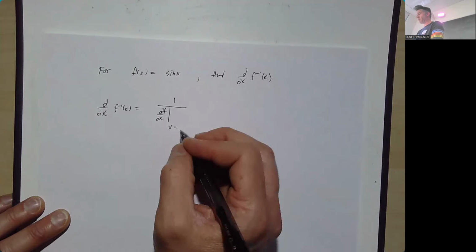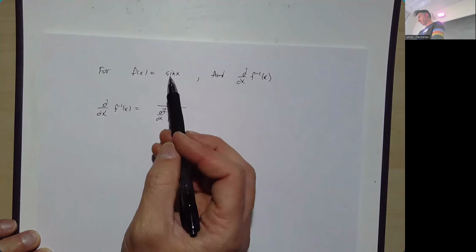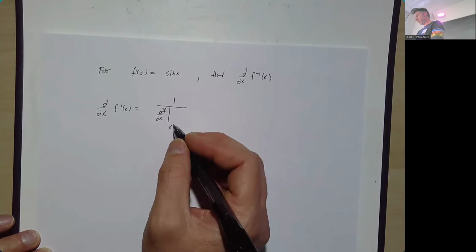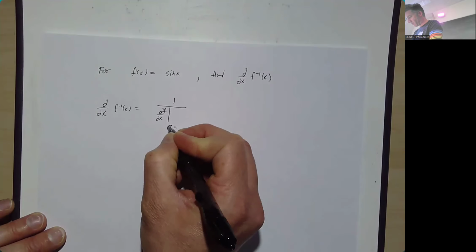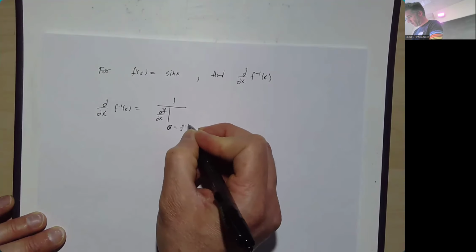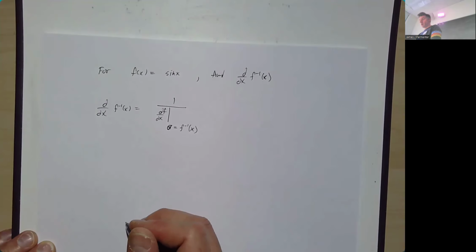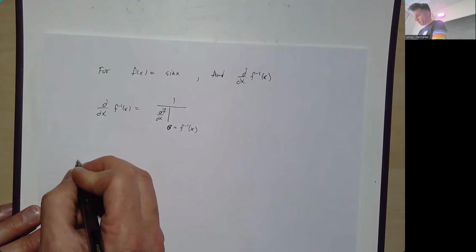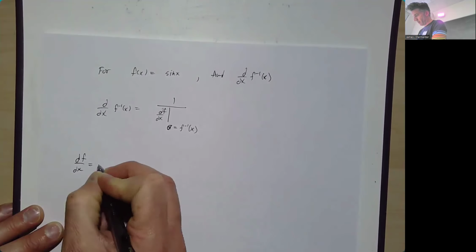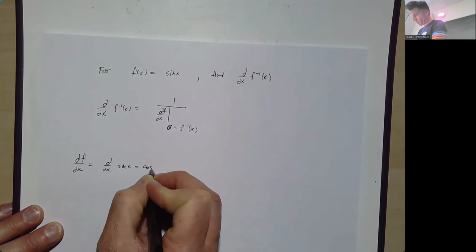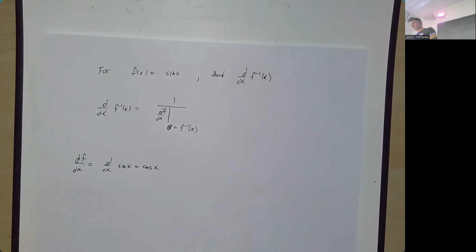Let's call this theta equal to f inverse of x. All right, so let's find our derivative. Our derivative of sine of x is just cosine of x. What about this theta equal to f inverse of x? So here's what I really want to do.